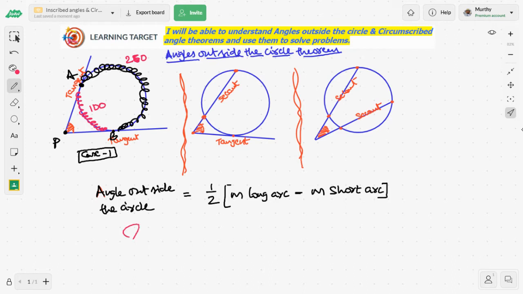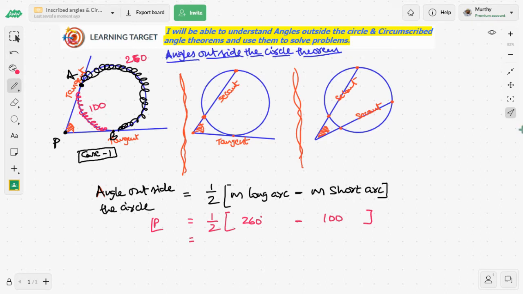Therefore, if you are asked to find the value of the angle formed here outside this circle, it is angle P equals half of the measure of the long arc. So the measure of the long arc is 260 degrees, subtract the small arc which is 100 degrees.